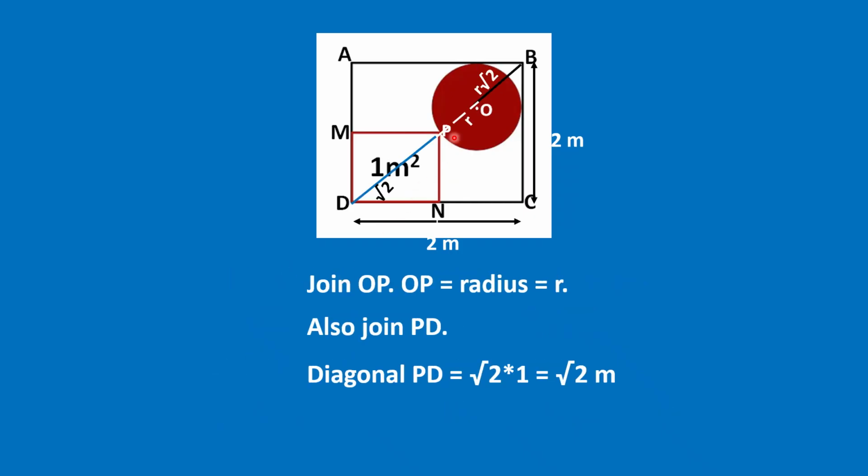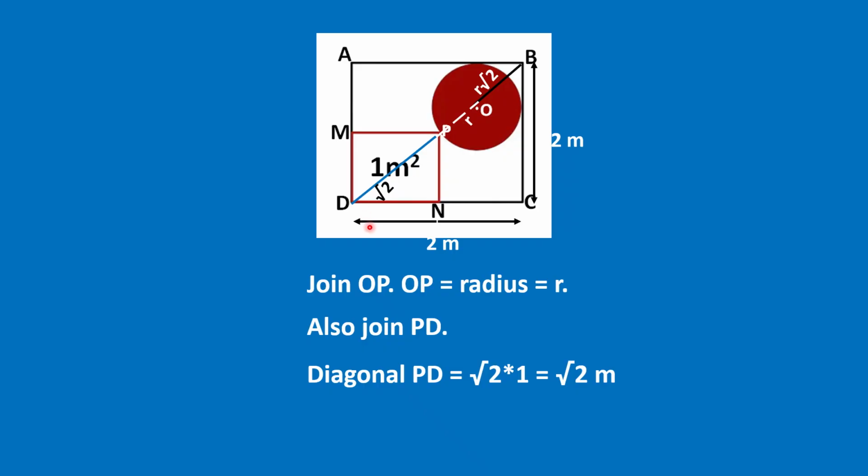Now we join OP. OP is the radius, so OP equals R. We join PD, which is the diagonal PD.